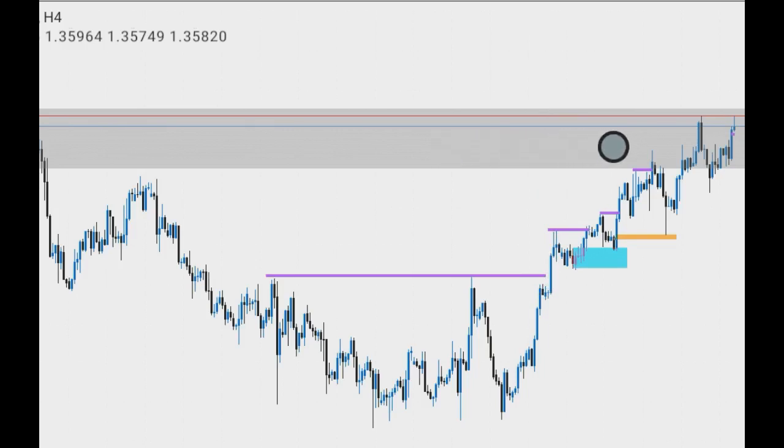It is because price can simply get to this daily POI because we are in a downtrend and then drop. All right? So you look for entry opportunities, buy opportunities above these equal highs here, to take price to this daily POI.